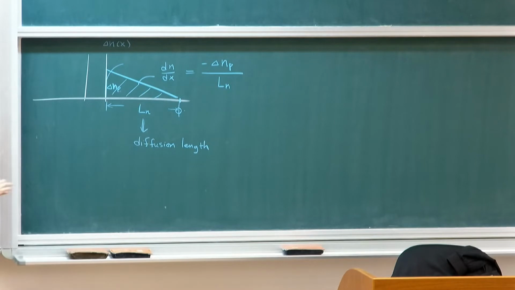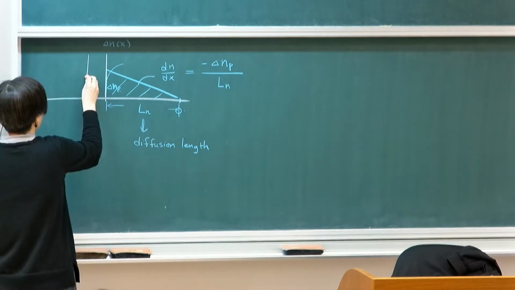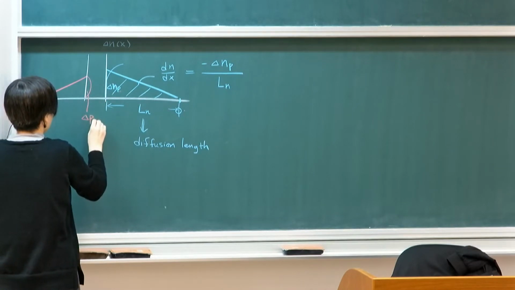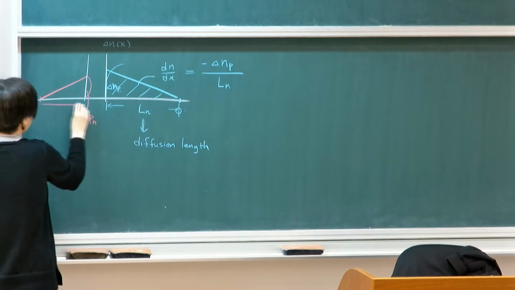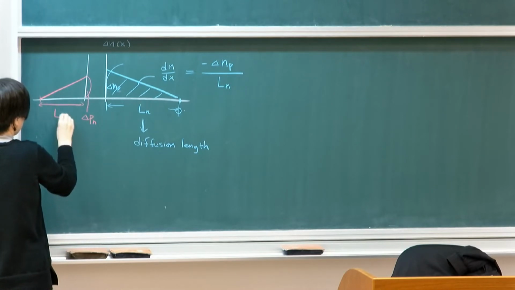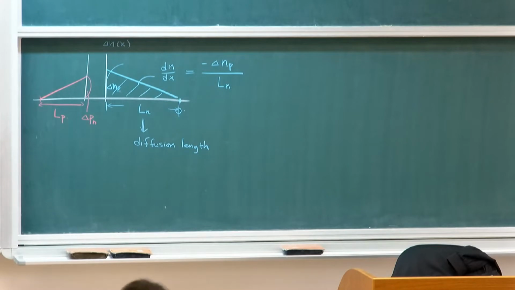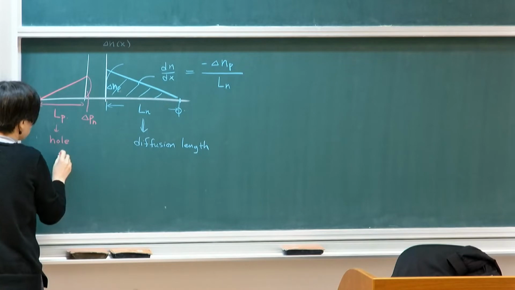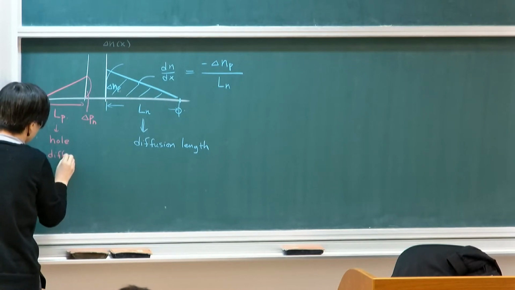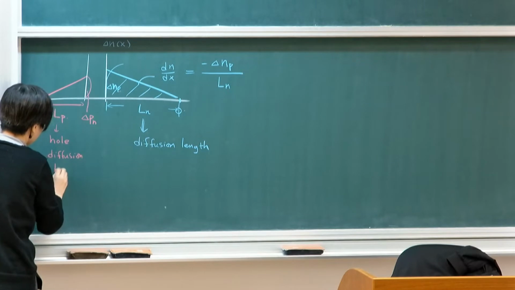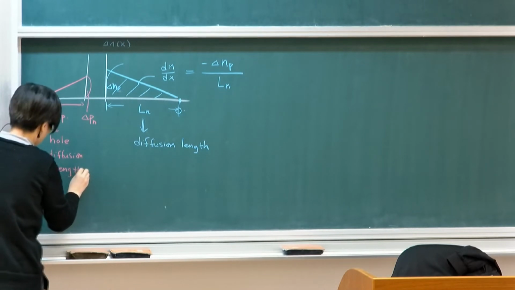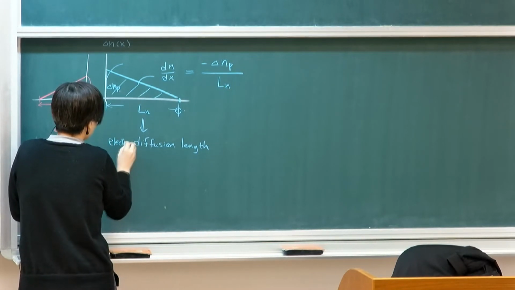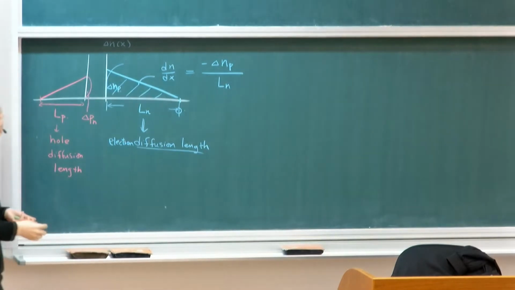If you look at the hole density, it will be the same. We know there's a height, delta p_n, and the furthest distance a hole can go is the hole diffusion length. So this is the hole minority carrier diffusion length, and this is the electron diffusion length. I want to mention the diffusion length only stands for minority carriers.